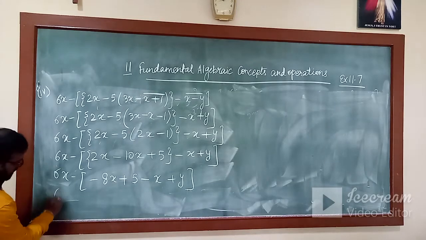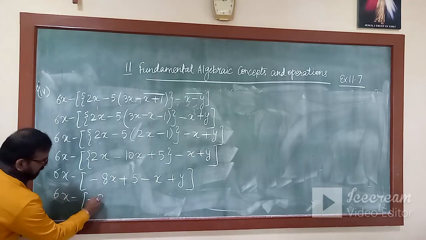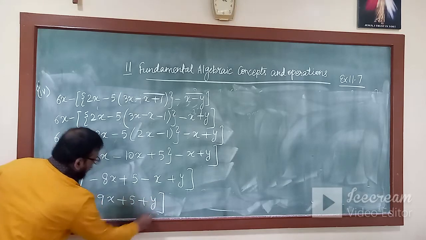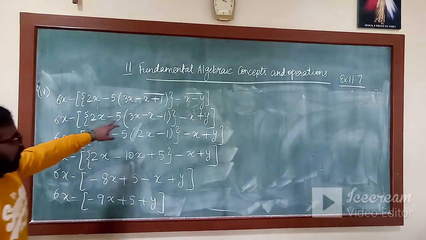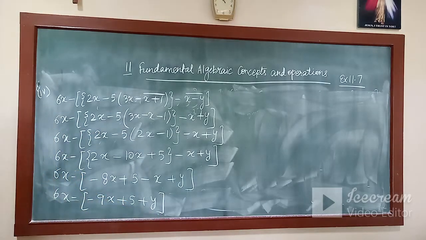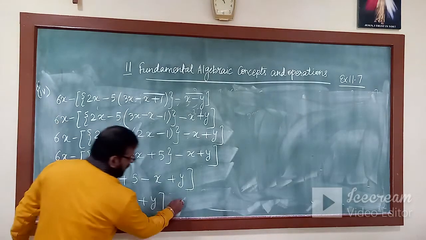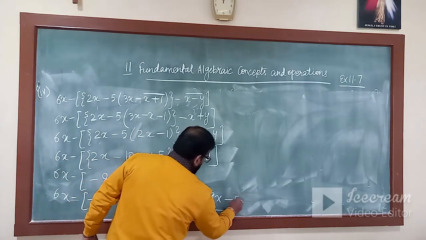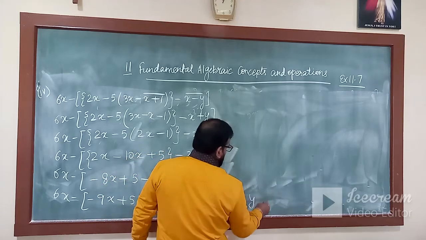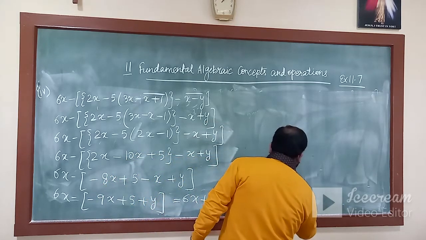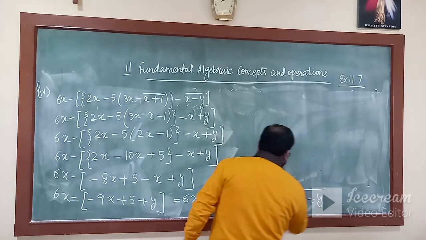So it is 6x minus 9x plus 5 plus y. Now we have removed all the brackets and we are only left with this square bracket. So when we solve it, see what we will get. 6x plus 9x minus 5 minus y, that is 15x minus 5 minus y.